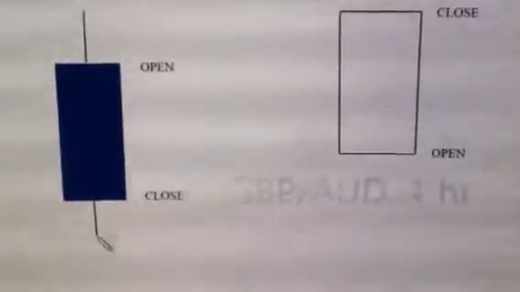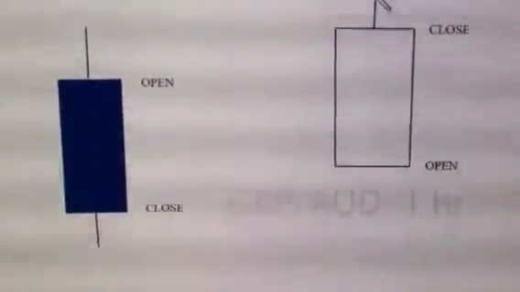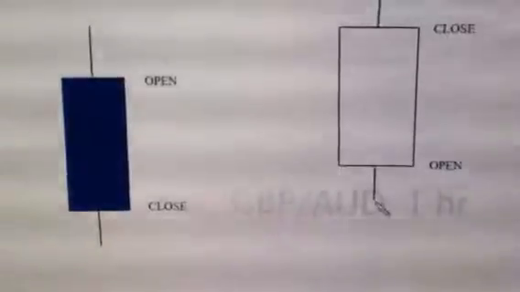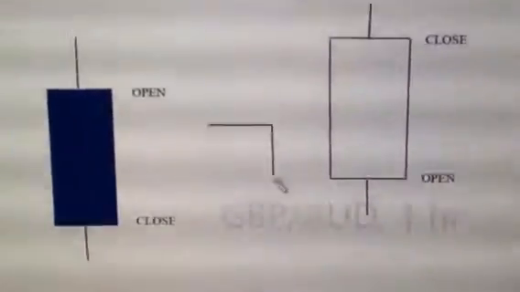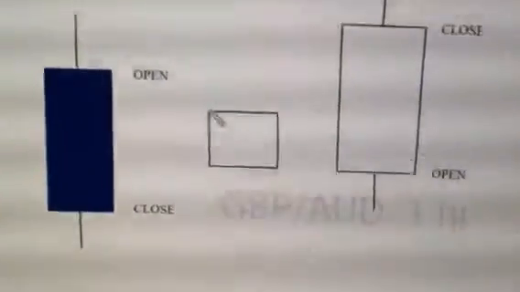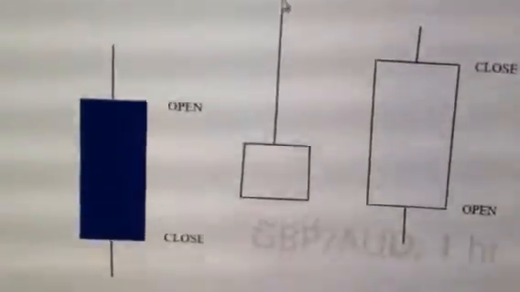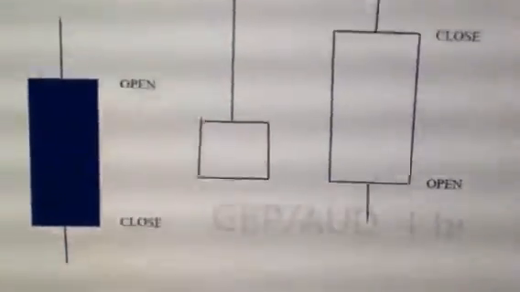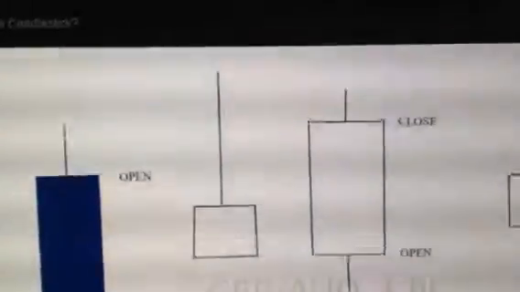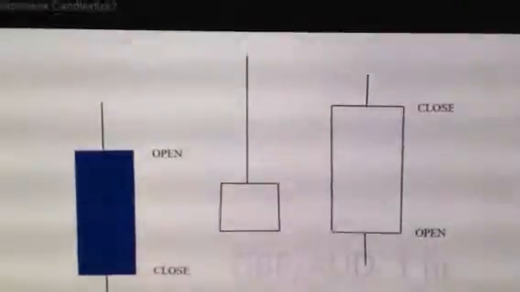And vice versa. It works both ways for bull candlesticks and bear candlesticks. Now, candlesticks can be many different shapes and sizes. You can have candlesticks that have long wicks towards the north, and candlesticks that have very long wicks towards the south. So make sure you understand your candlesticks.